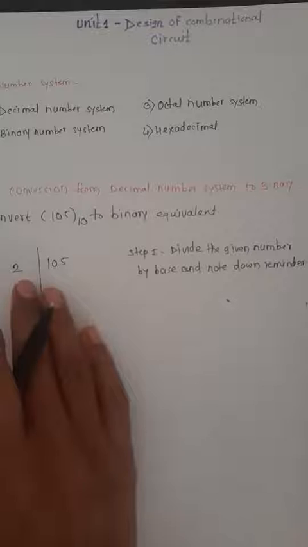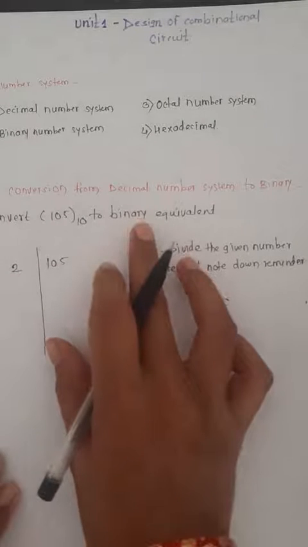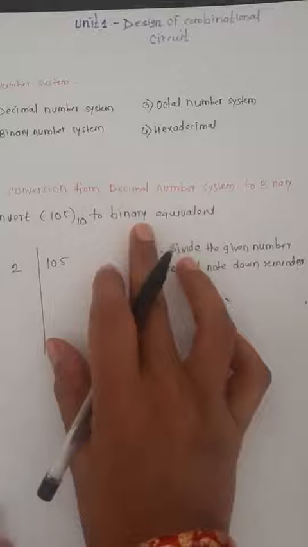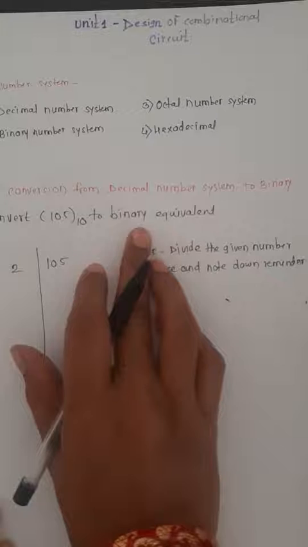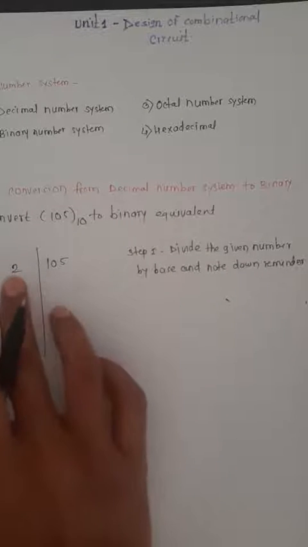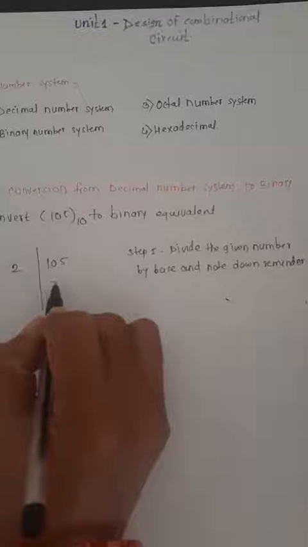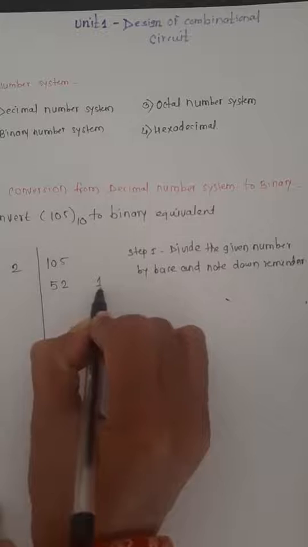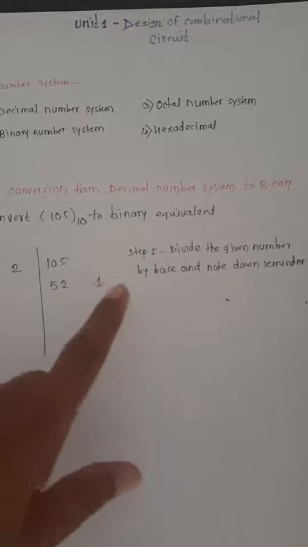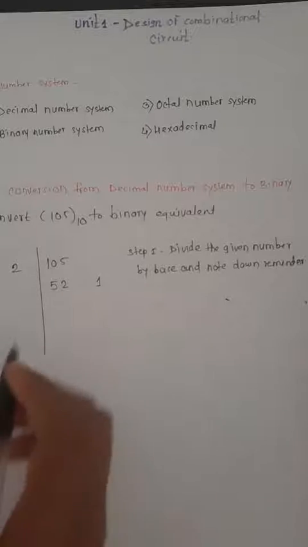Here we have to divide the given decimal number by the base of that system in which we have to convert. So here we divide 105 by the base 2. So 2 5s are 10, 2 2s are 4, remainder is 1. So divide the given number and write the remainder at the right side.